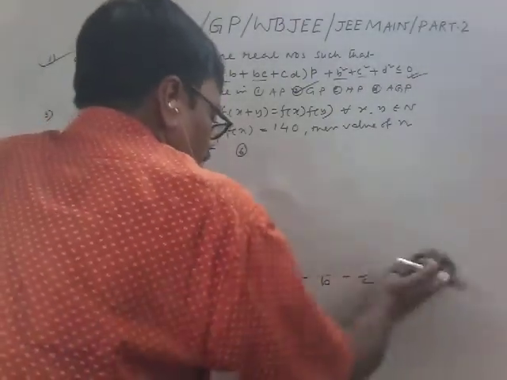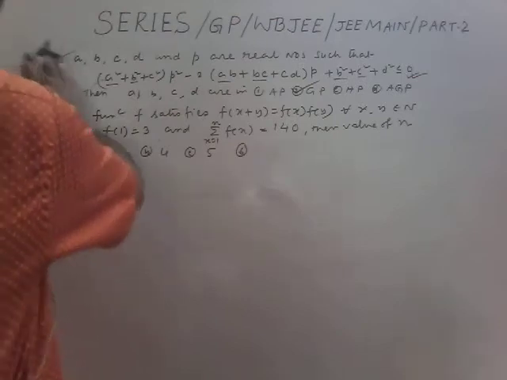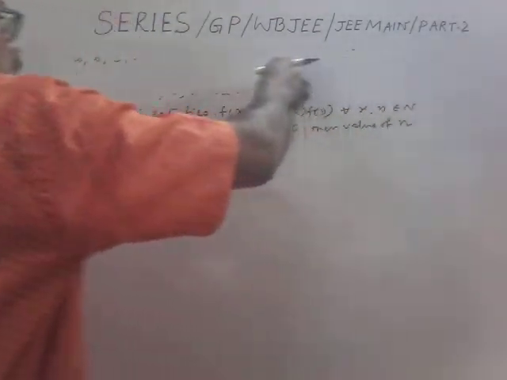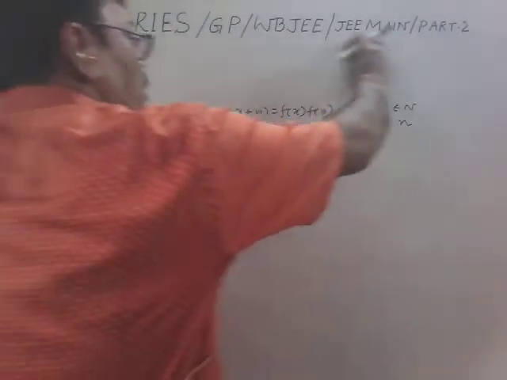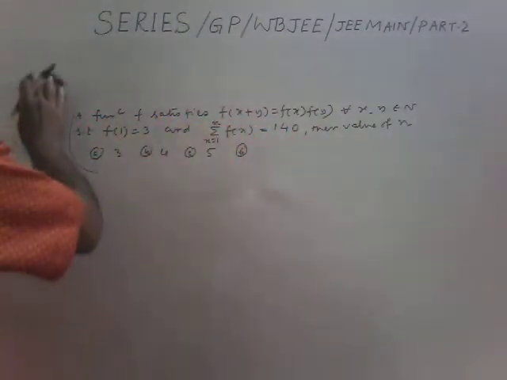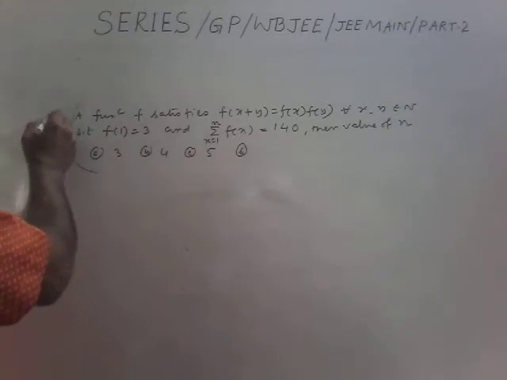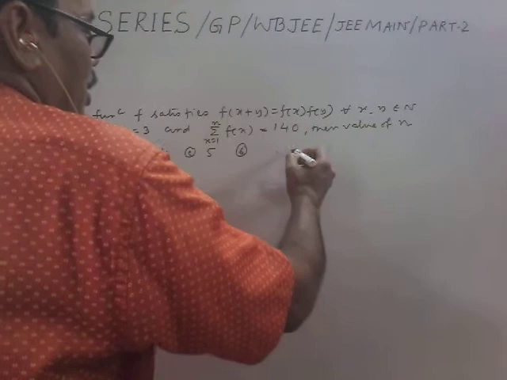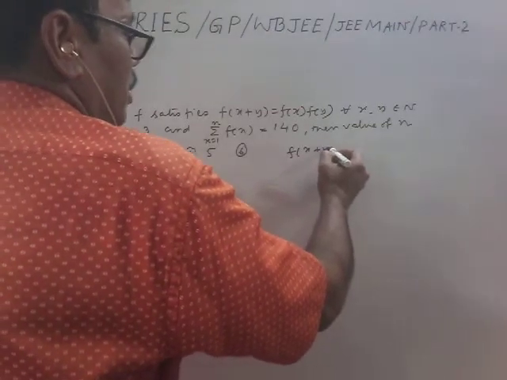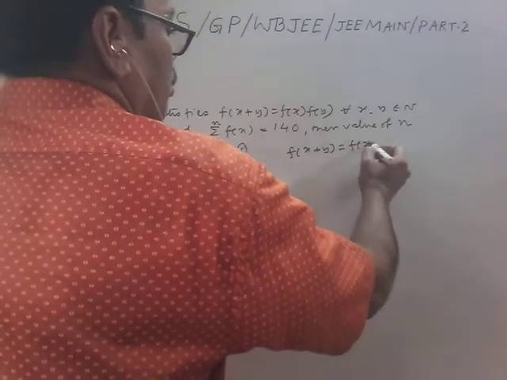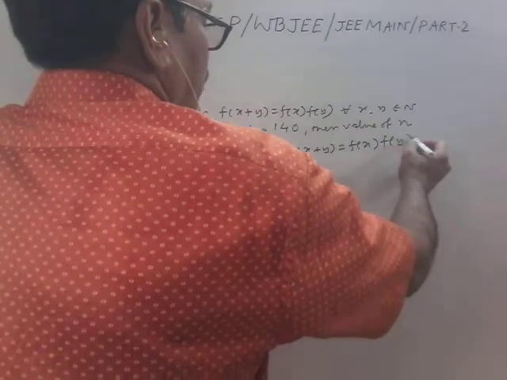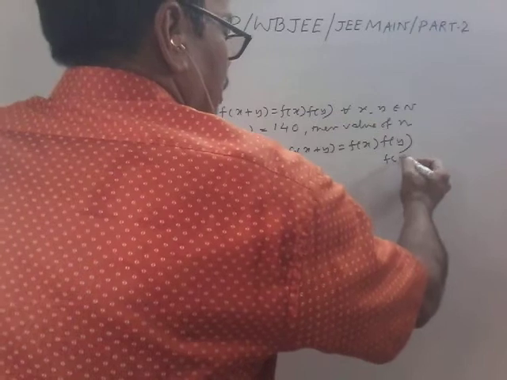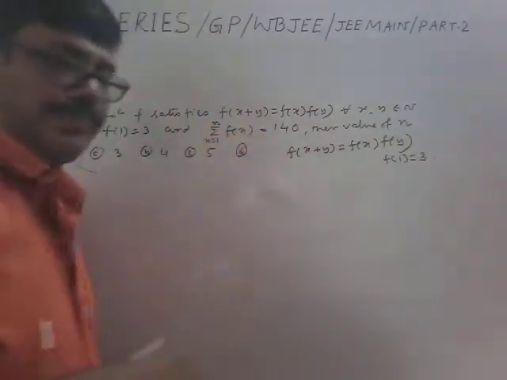Now look, problem number 2. A functional relation is given. We have already solved this type of problem in the chapter of function. So f of x plus y, so fx is not given directly, equals fx into fy, and one additional condition is given, that is f1 equals 3.